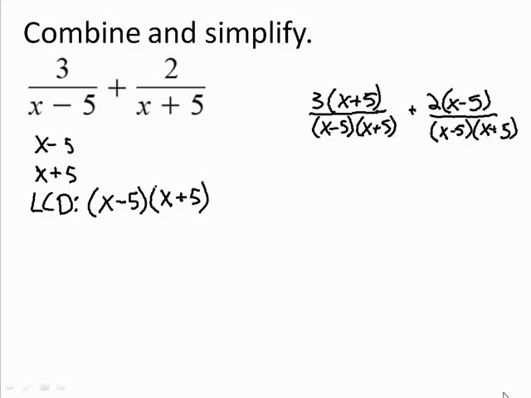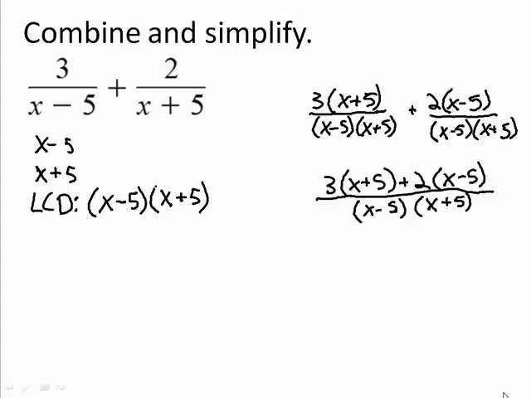3 times the quantity x plus 5 divided by the quantity x minus 5 times the quantity x plus 5, plus 2 times the quantity x minus 5 divided by the quantity x minus 5 times the quantity x plus 5. Now that both fractions have the same denominator, add the numerators. 3 times the quantity x plus 5 plus 2 times the quantity x minus 5 divided by the quantity x minus 5 times the quantity x plus 5.